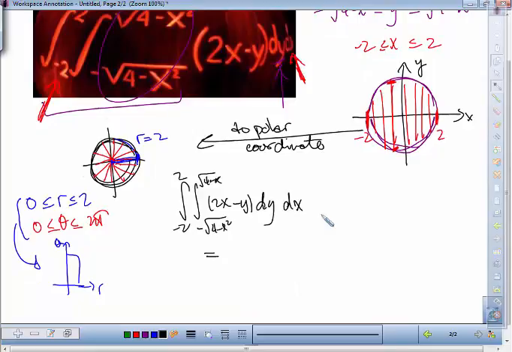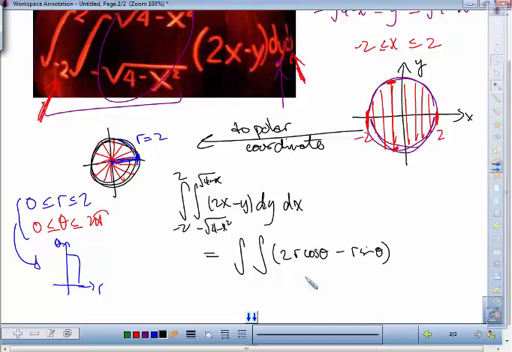So this is where it becomes polar. We're going to do our double integral. Now the inside function is going to change, and you're going to replace your x with, like I said, r cosine theta, and then you're going to replace your y with r sine theta.